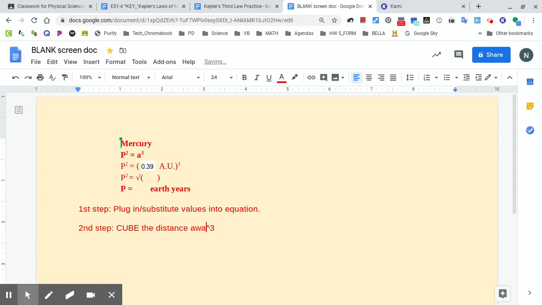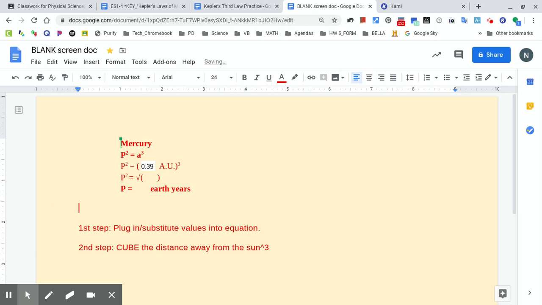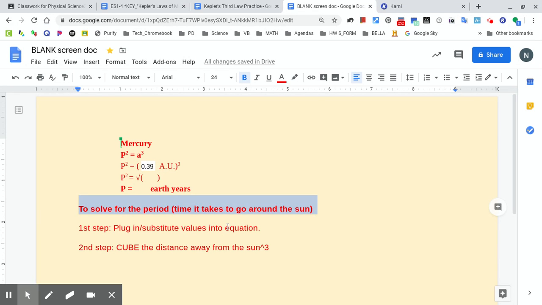And this is all to solve for the period, or the time it takes to go around the sun. That's what we're trying to solve for. So the first step is to plug in those values, the distance values. Then cube the distance away from the sun, which means raise it to the third power, or times it by itself 3 times.